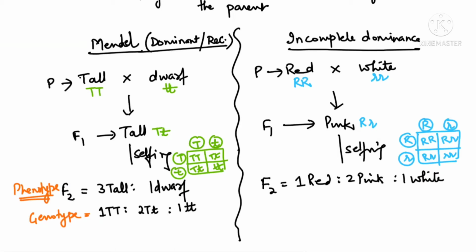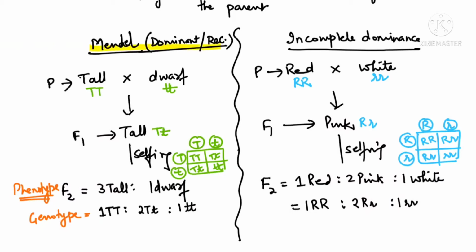So what will you write for the genotype ratio here? You will write 1 homozygous R, 2 heterozygous R, and 1 homozygous white. Okay, this is the genotype ratio of the F2 generation. If you see carefully from this, please focus better.